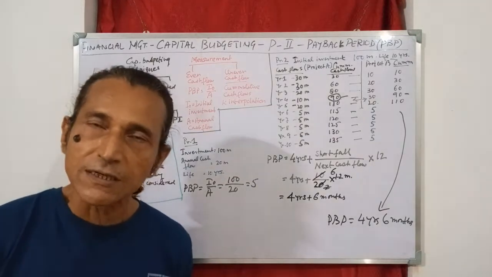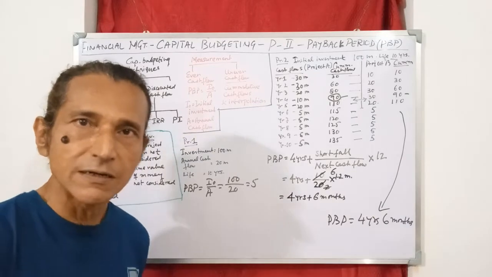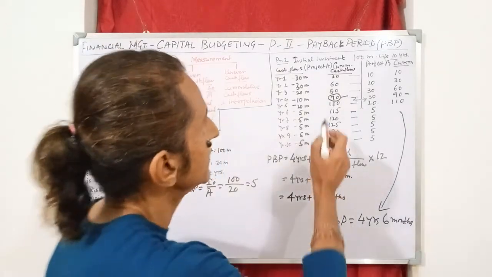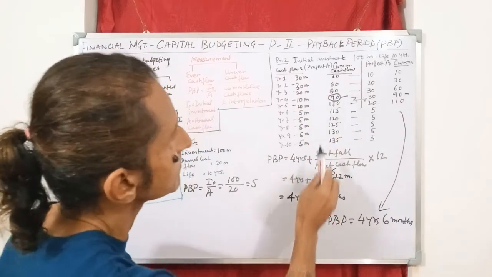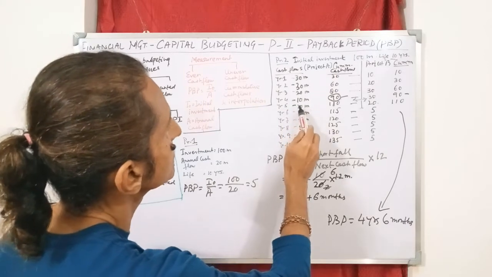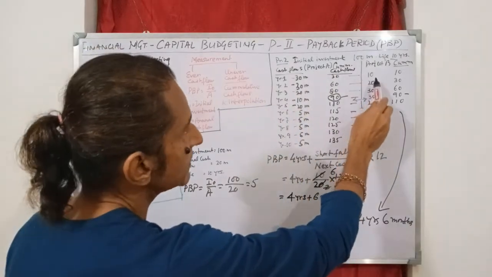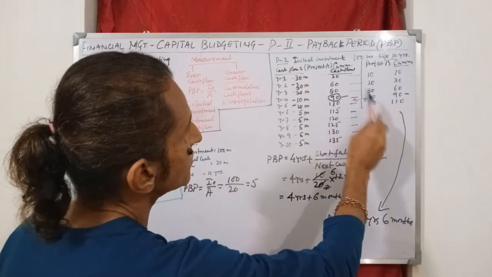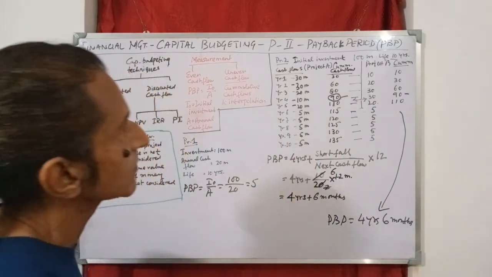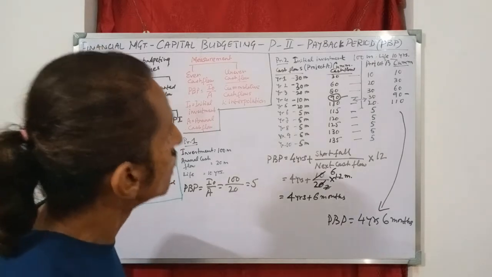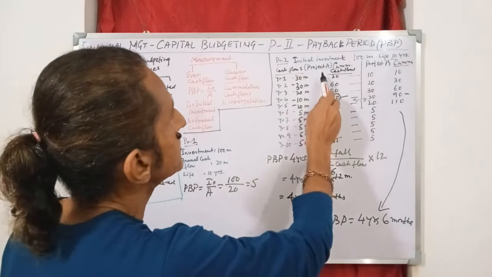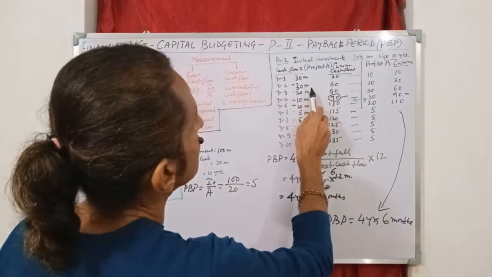Now which project can be accepted and which project will be rejected? Watch carefully. In case of project A, the cash flows are 30, 30, 20, 10, 20. And in project B, 10, 20, 30, 30, 20. That means in case of project A, more cash is coming in the initial years, 30, 30.